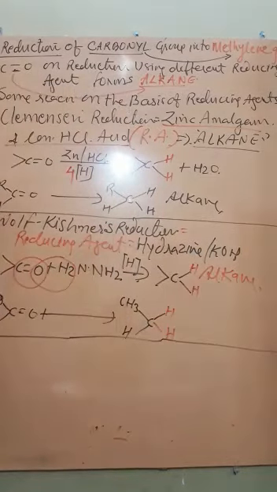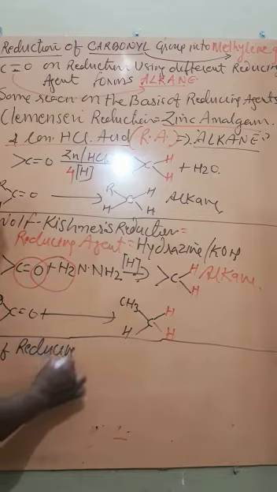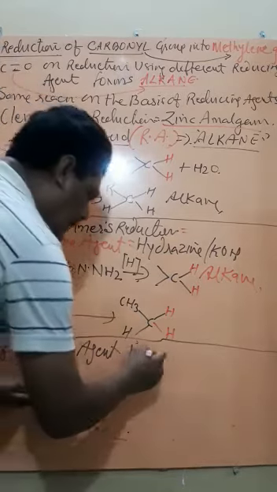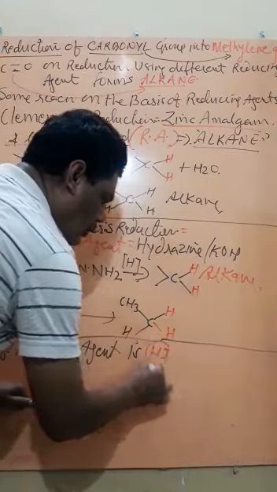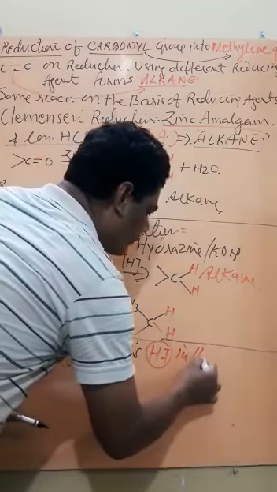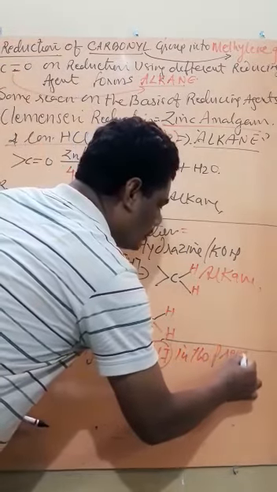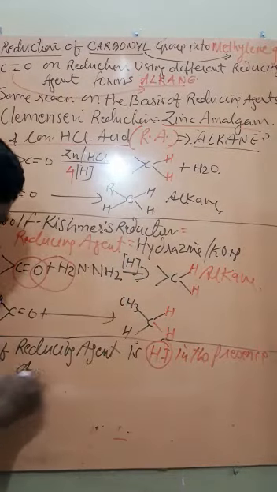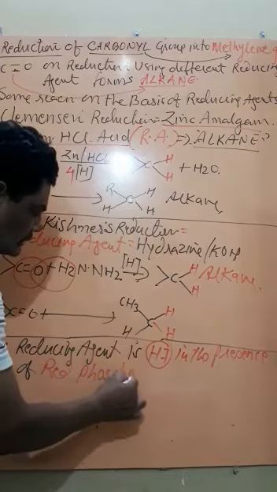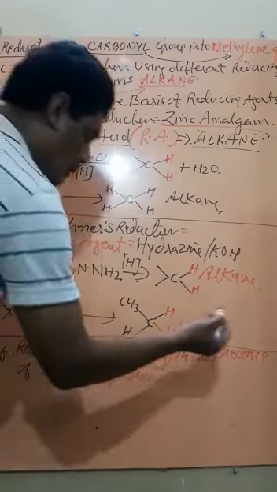And the third type of reducing agent, if reducing agent is HI. That is what? Hydroiodic acid. Okay, this is hydroiodic acid, and it takes place in the presence of red phosphorus, okay, which makes the reaction more visible.